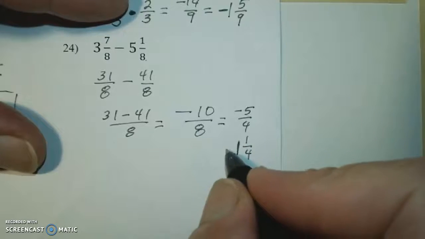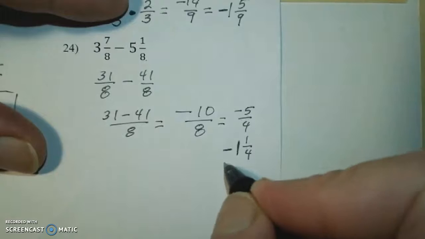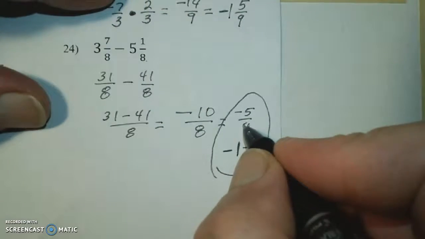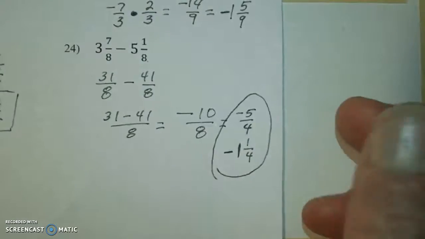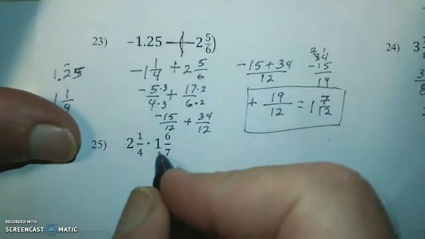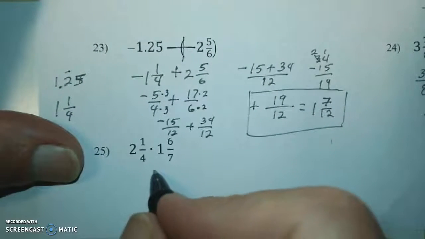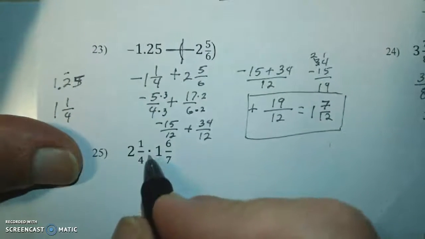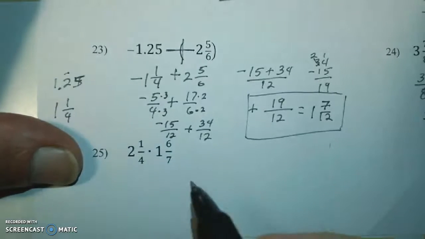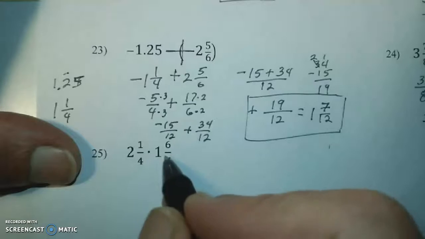It was a negative fraction. It has to be a negative mixed number. So negative 5/4 or negative 1 1/4. Last problem for this section, 2 1/4 times 1 6/7. Our only rule for multiplying is to multiply numerators times numerators and denominators times denominators when we're multiplying fractions.